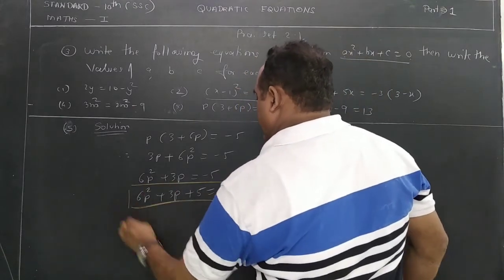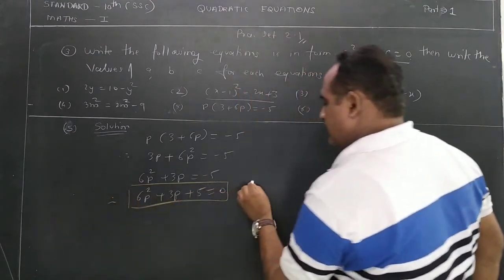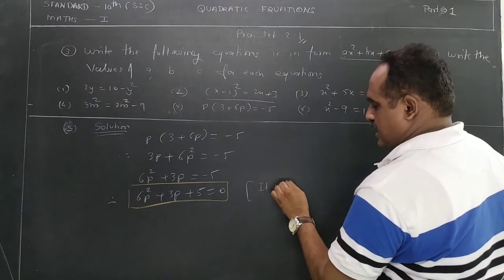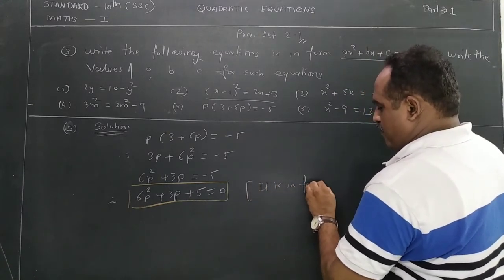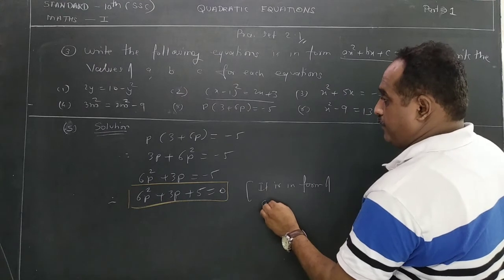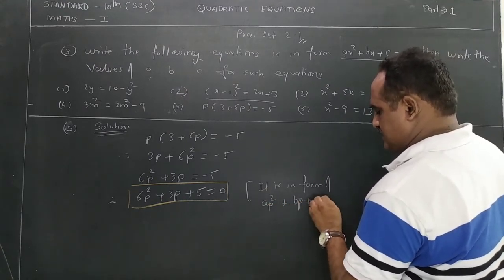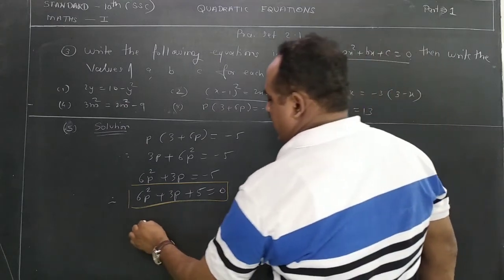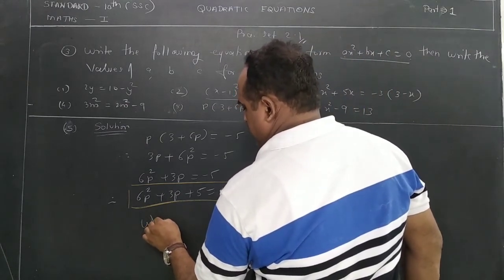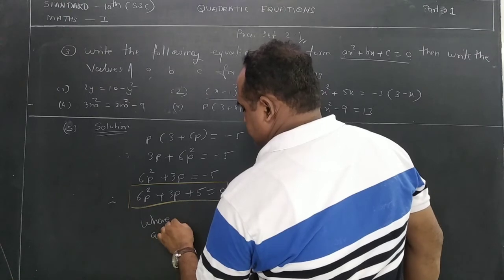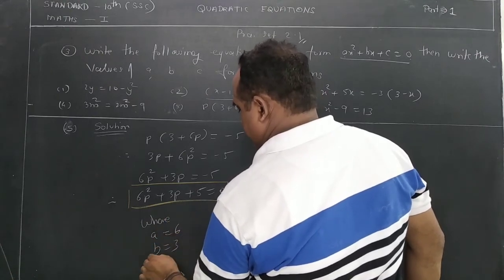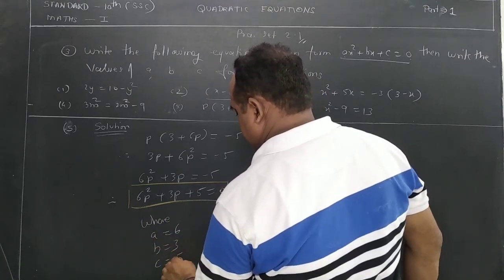This is the answer you got, right? It is in the form of ap square plus bp plus c is equal to 0, where a is equal to 6, b is equal to 3, and c is equal to 5.